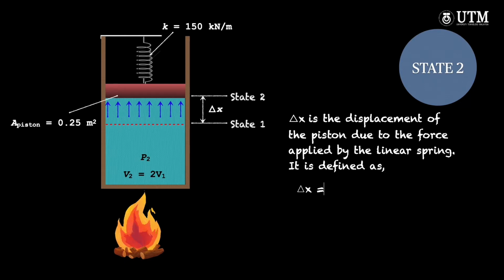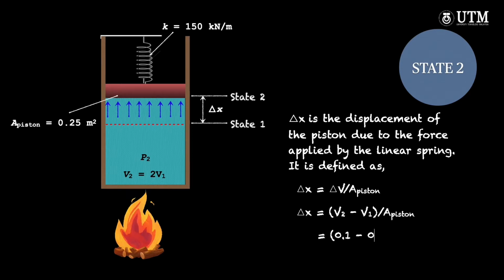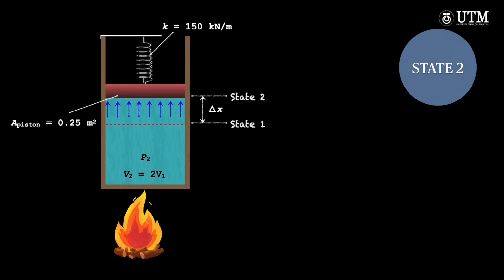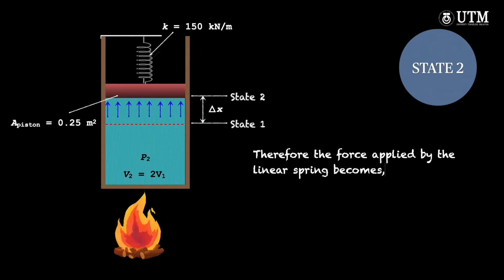Δx is the ratio between the total volume change between the final and initial states and the piston cross-sectional area. Therefore, it comes to be 0.2 meters. Thus, the force applied by the linear spring comes to be 30 kilonewtons.